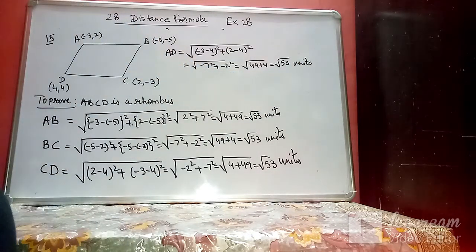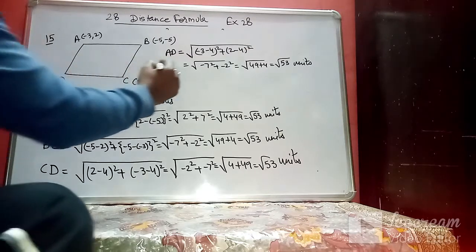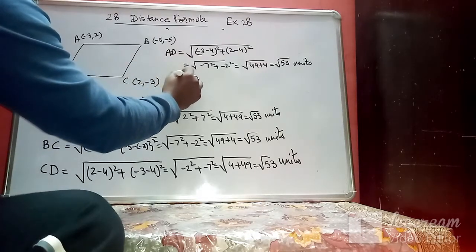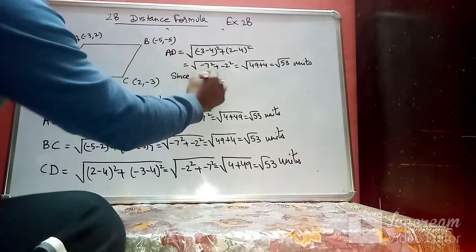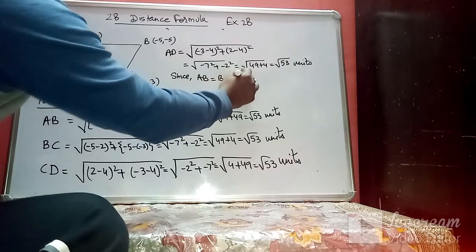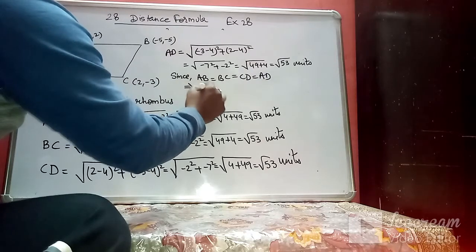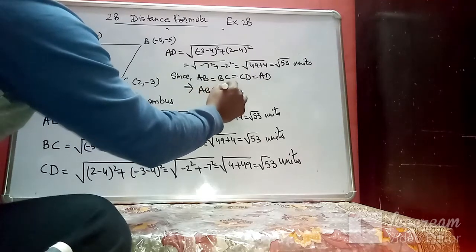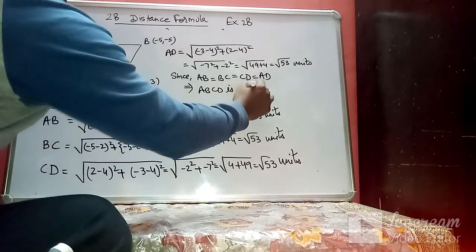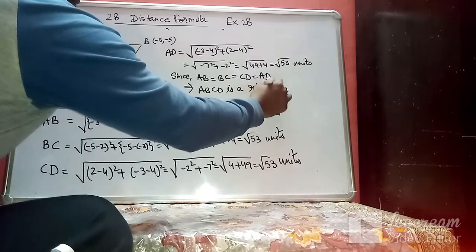So see, all four sides are equal, so we can say that since AB equal to BC equal to CD equal to AD, that means ABCD is a rhombus.